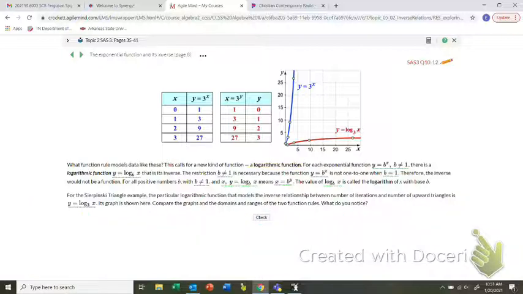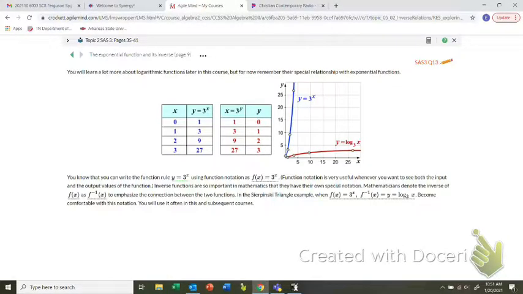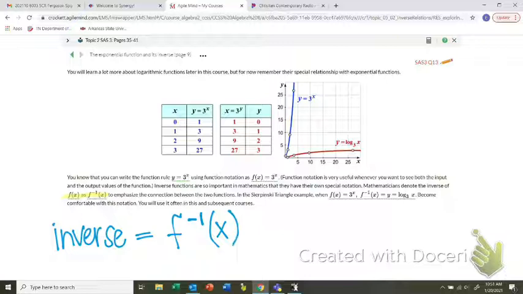All right, we are going to skip number 11 and 12. So let's go ahead and go to 13. It asks a very, very simple question. How do you denote the inverse of f of x? I'm going to highlight it, and I want you to write inverse equals f of -1 of x.